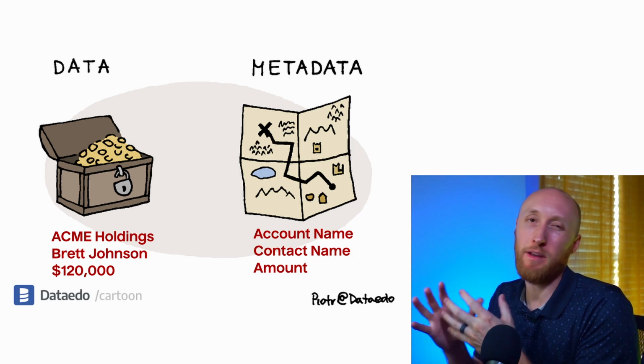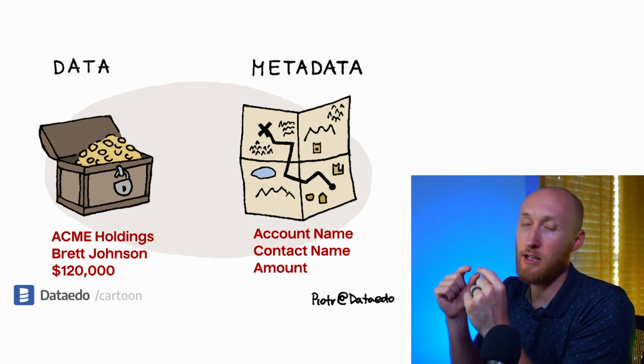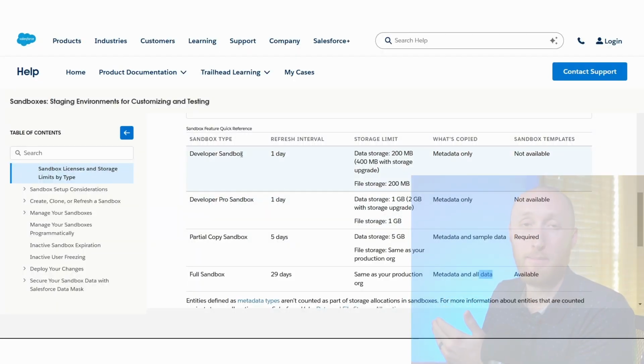If we think about an opportunity, the metadata is simply the fields: the opportunity name, the close date, the amount, and the data are the values of those fields. So it would be XYZ opportunity, close date of November 15th, or amount of $10,000. That's data. So know that the Developer Sandbox and Developer Pro are only metadata.